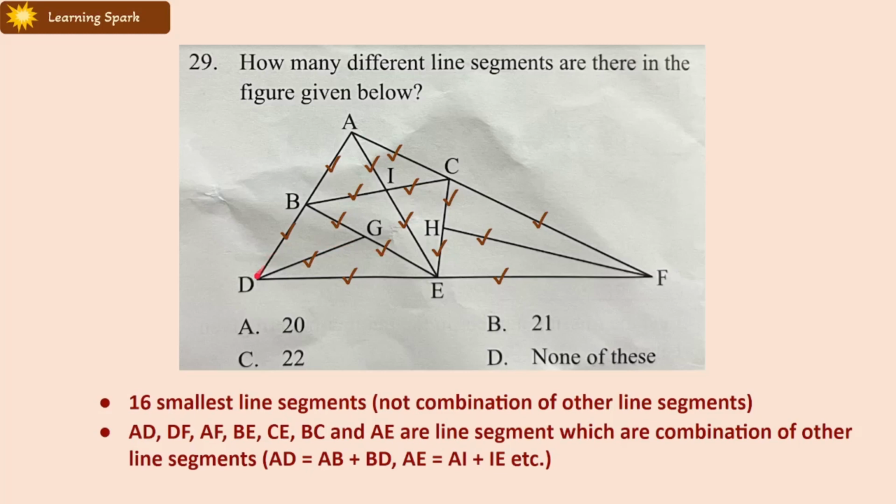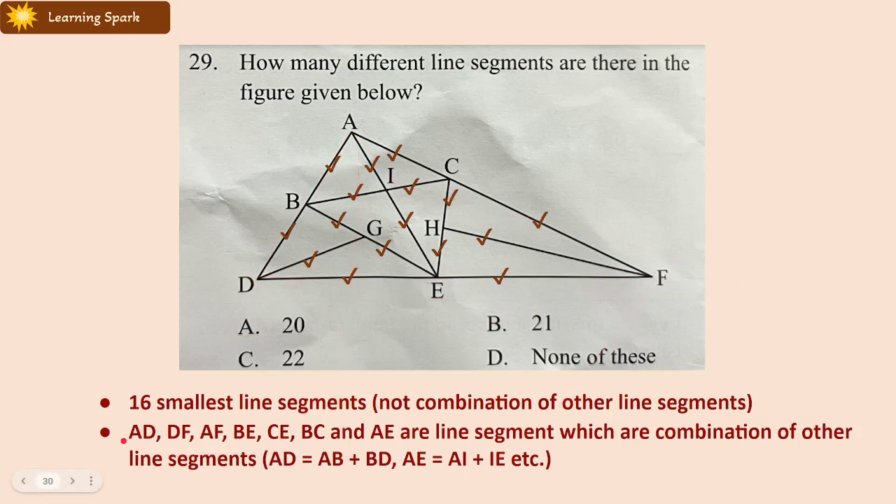And then there are a couple of other line segments which are formed by the combination of other line segments. For example, AD is a combination of AB plus BD, and DF means DE plus EF. So these are combinations of line segments, bigger line segments.